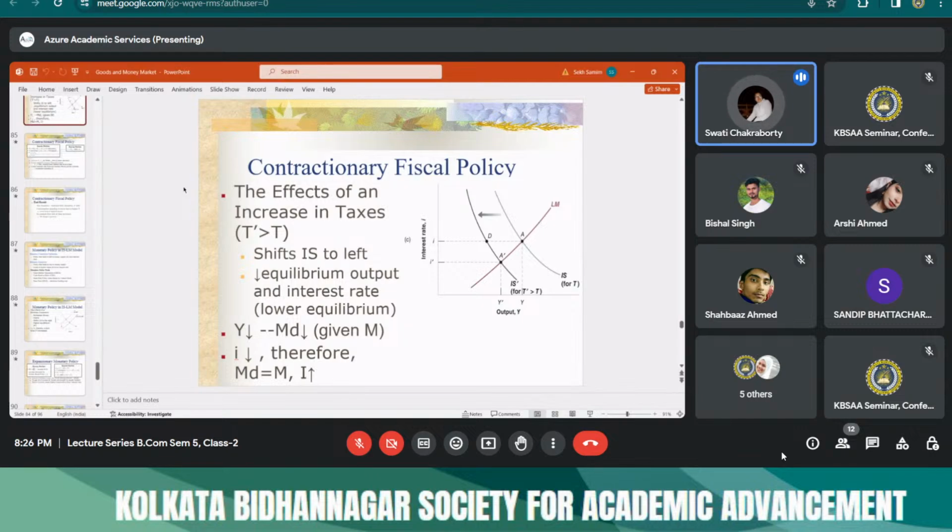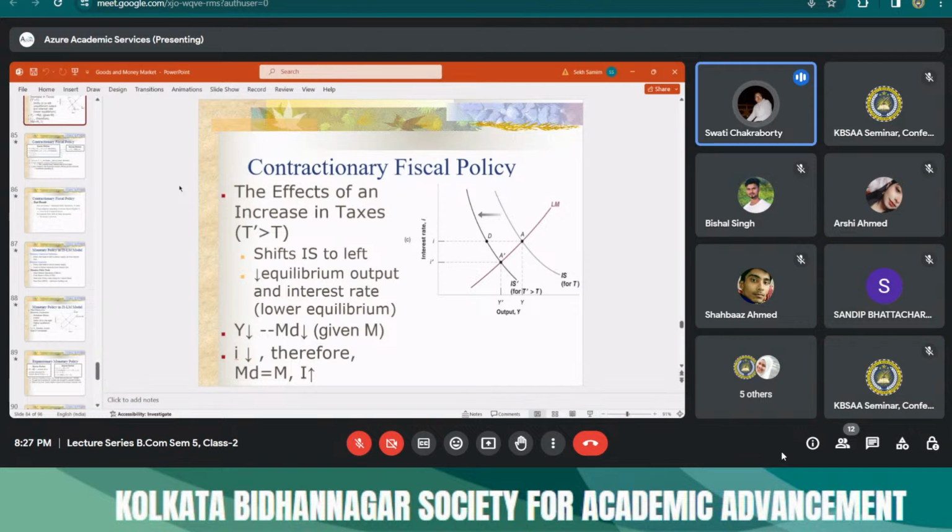Now when investment goes down, what happens as a result? The rate of interest at this time is kept fixed, but because investment is going down, if you see in this diagram, the demand for money is also going down.